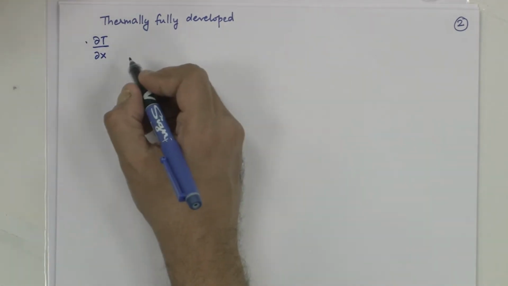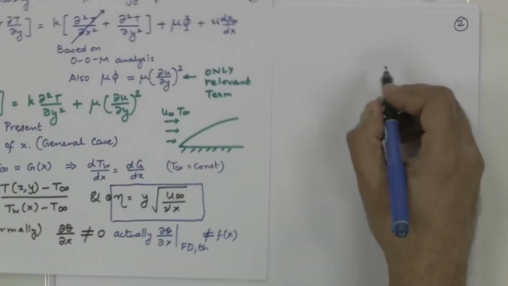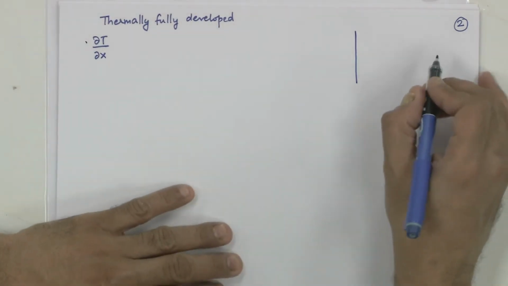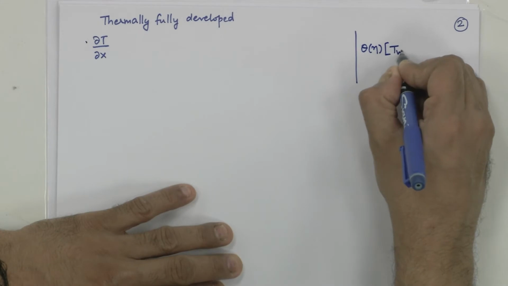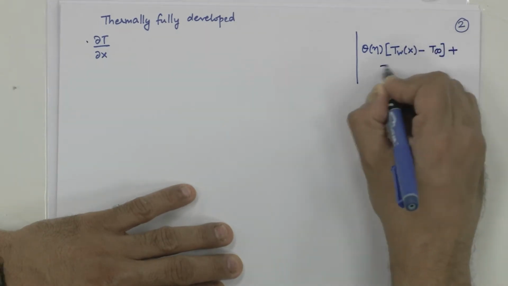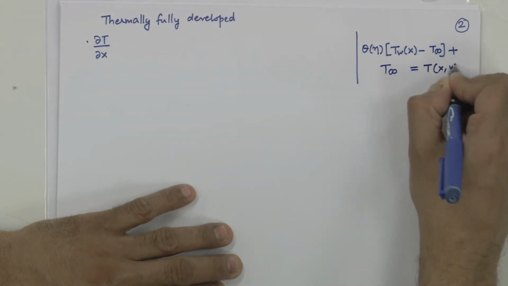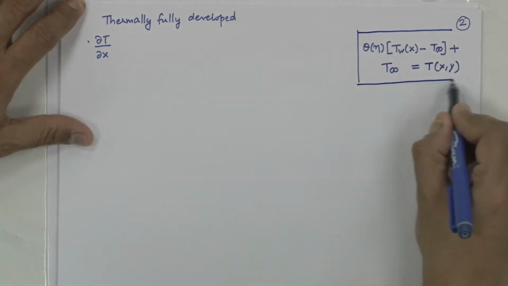So, what is T? Our definition of T is this. Just let us write for the sake of completeness here, T is nothing but theta of eta into T wall of x minus T infinity plus T infinity equal to T of x comma y. So, this is just rearrangement of my definition.